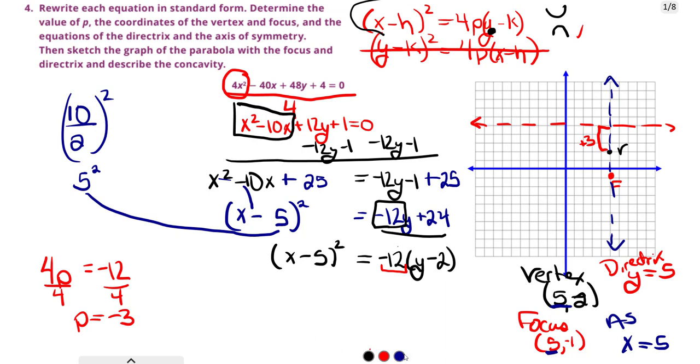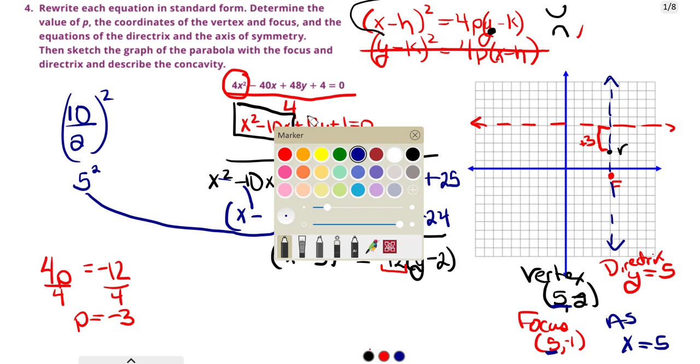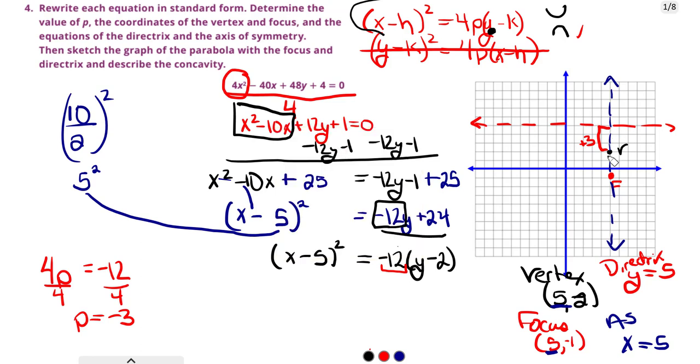Now we need to draw in my parabola. And my parabola is going to curve around the focus. And so there will be my parabola. So let's go ahead and go on to the next one.